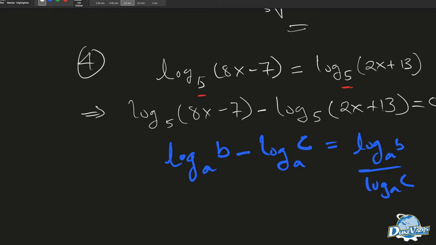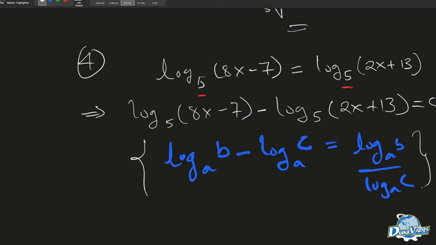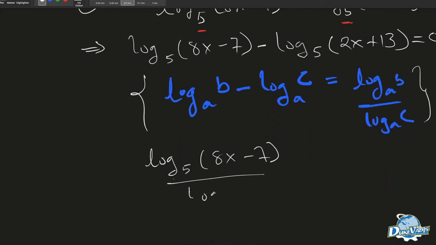If we apply this to this question, this equation will be log base 5 of bracket 8x minus 7 all over log to the base 5 of 2x plus 13 is equal to 0.